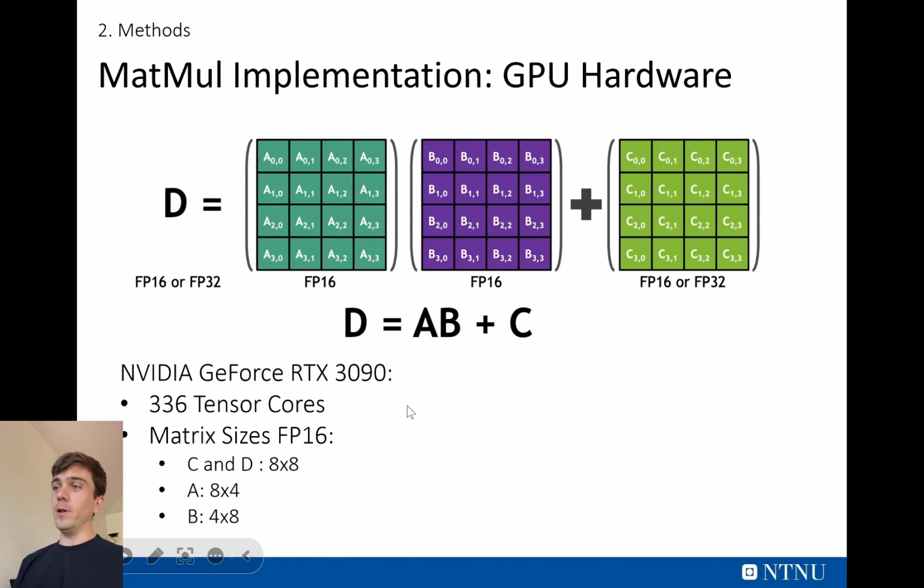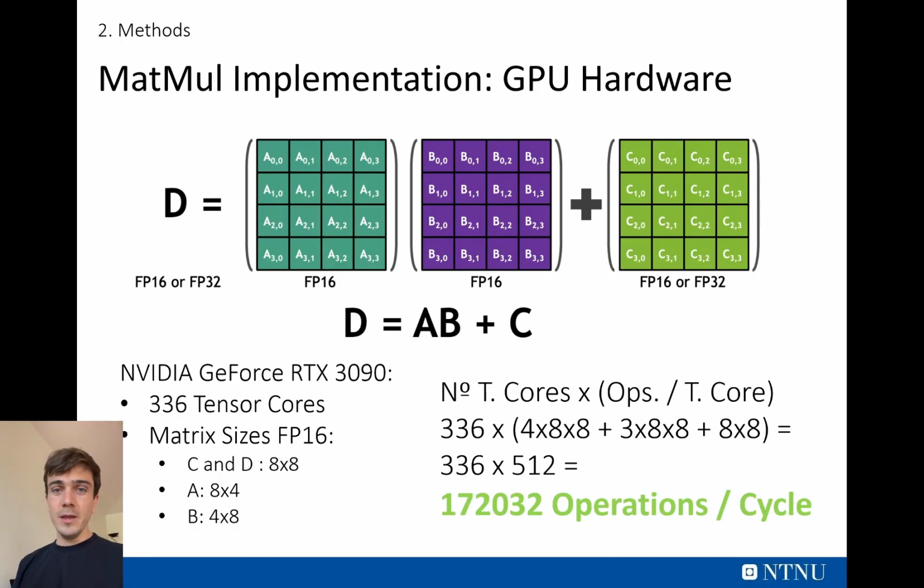And the sizes here are specific for this GPU, and also the precision depends on the model. So these are the numbers for this specific model. So if we make some basic maths, we multiply the number of tensor cores, which is 336, by the number of operations per tensor core, which is the number of multiplications and additions.